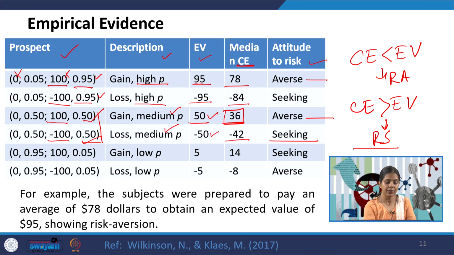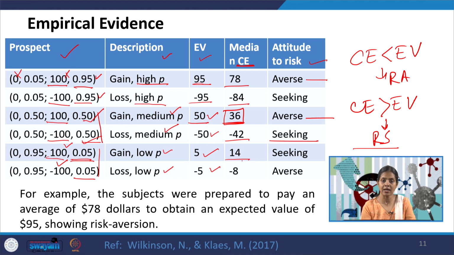And finally, these are the two prospects where the probabilities are low. You can see that they are just 0.05. Again, one is gaining 100, another one is losing 100. The expected values are again obtained by simply multiplying 100 by its probability. So, it is 5 here and minus 5 here.